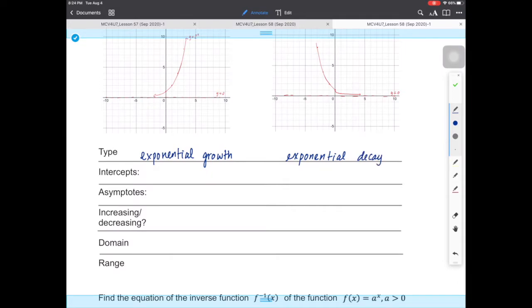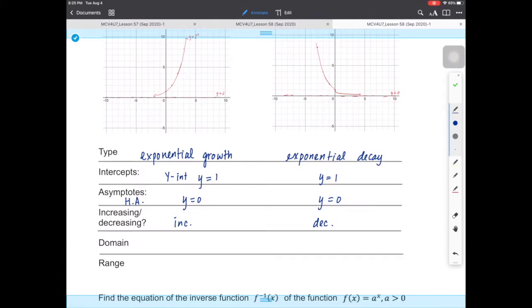Intercepts: all of them have a y-intercept at y equals 1. For the asymptote, there is a horizontal asymptote, but no vertical asymptote. Let's put down the equation. Is the function increasing or decreasing? For exponential growth, the function is always increasing, and for exponential decay, the function is always decreasing.